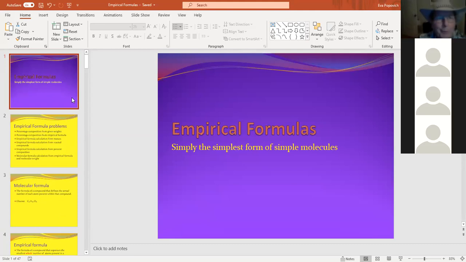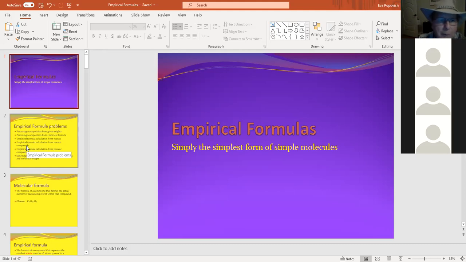Okay. I specifically mark off one lecture day to talk about empirical formulas, because as a general rule, these are going to be some of the hardest problems you encounter. The reason is that it's not always intuitive how to get the weights that you need to solve the problems.